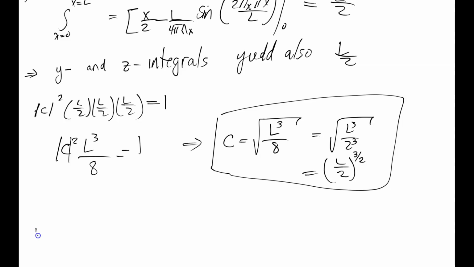Now for part B, we have the same y and z integrals as in part A, but now the limits of integration have changed.